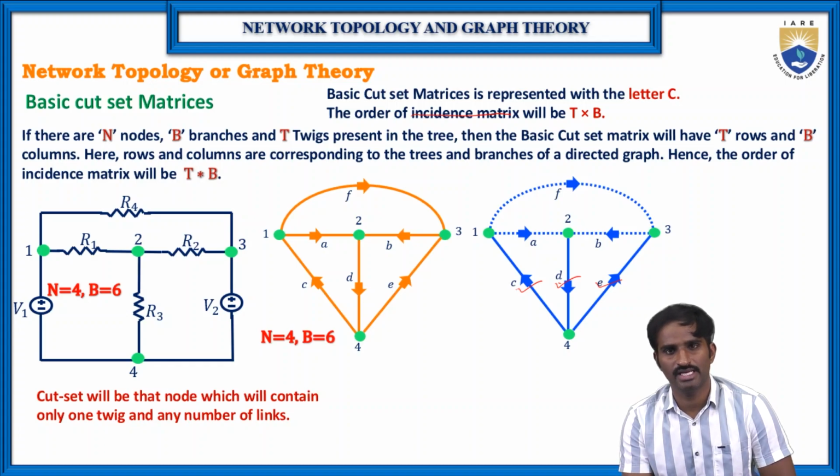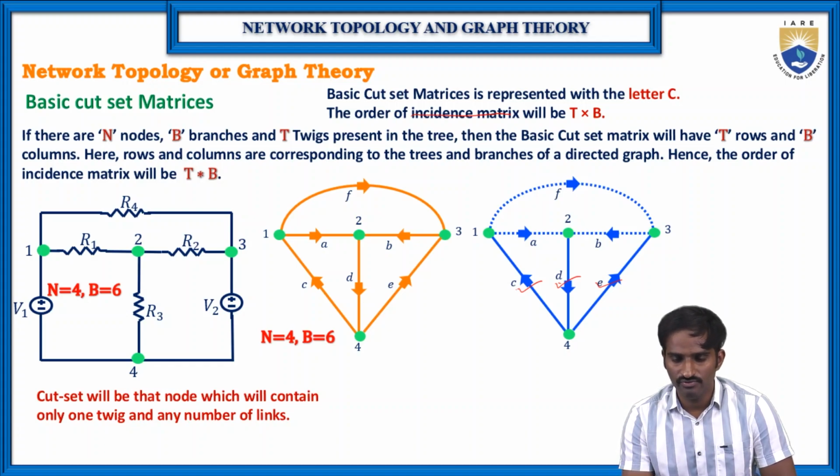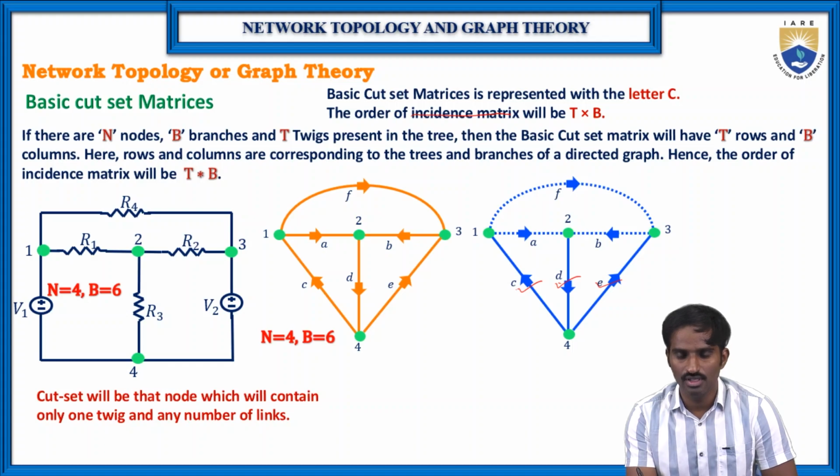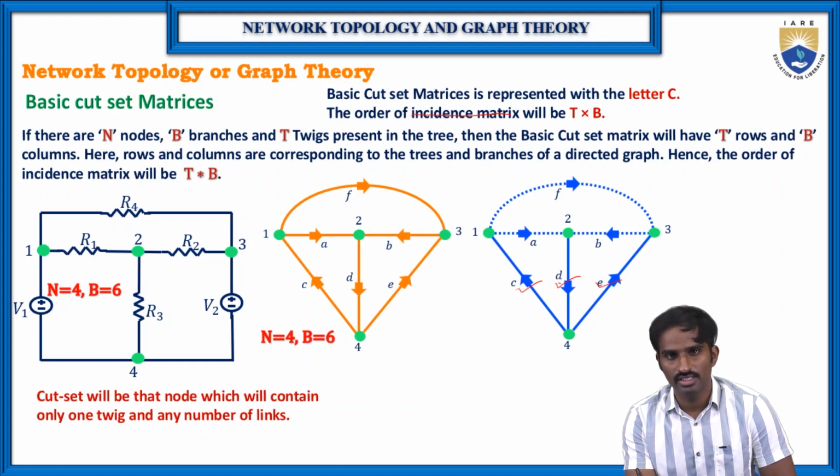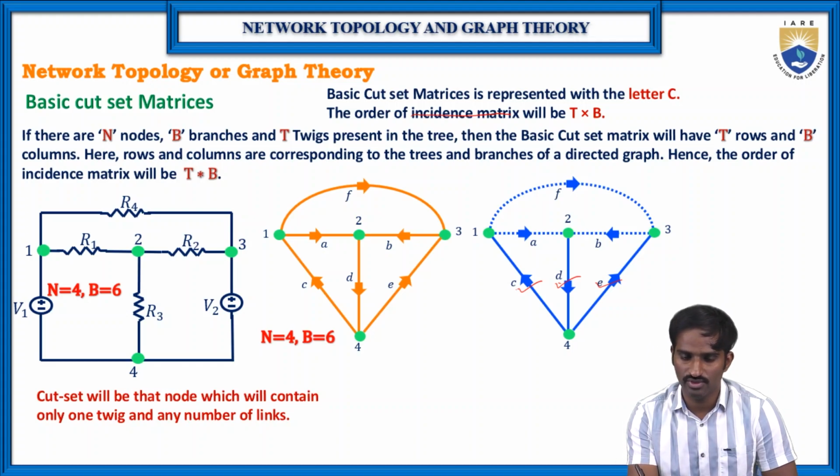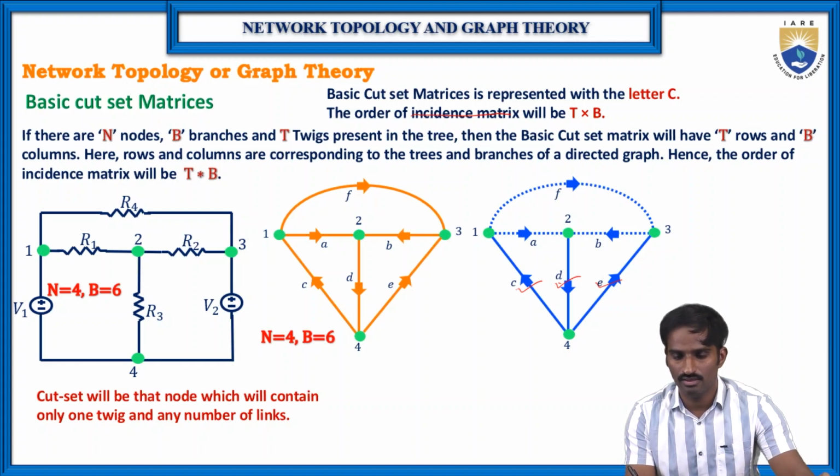Then how to form a cut set? For each twig we form a cut set. So here this is the twig. In the basic cut set, it should have only one twig. You can see the cut set usually forms at the nodes.